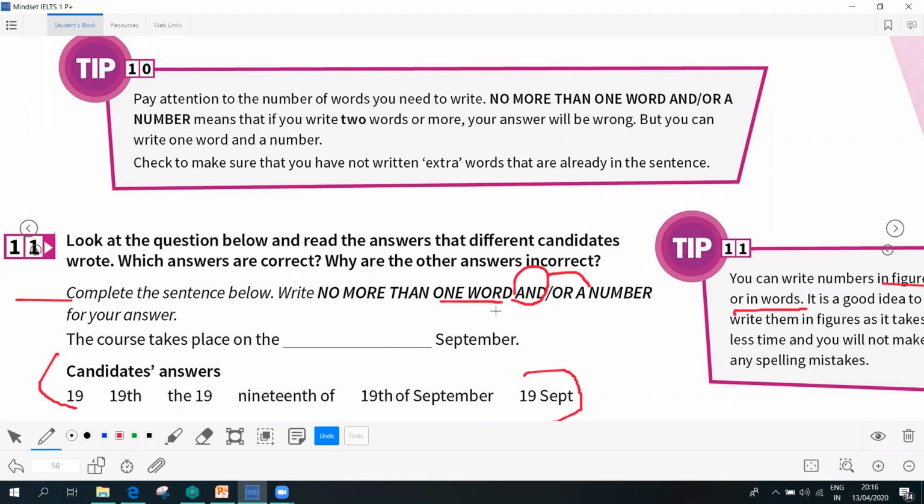So if you write 10th of, it is a word and a number, which is allowed. Right. So open your Moodle page and complete this task. Move on to task 12.